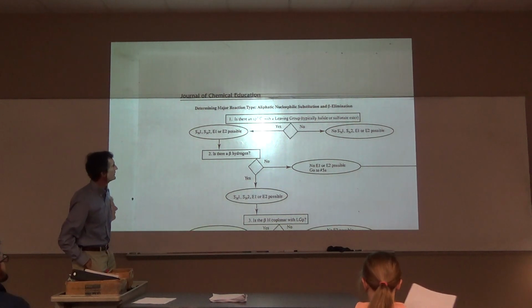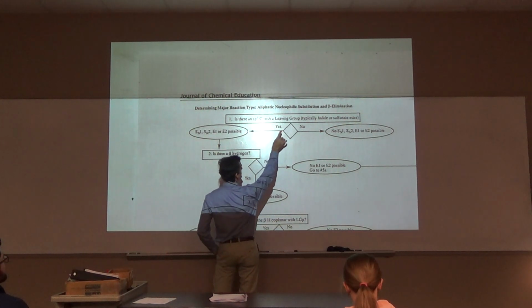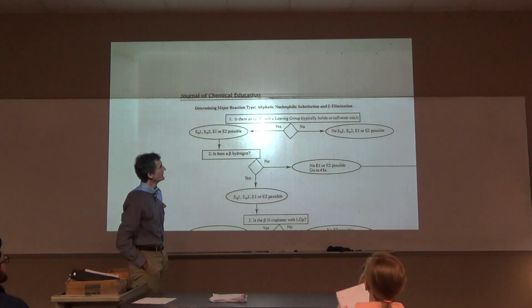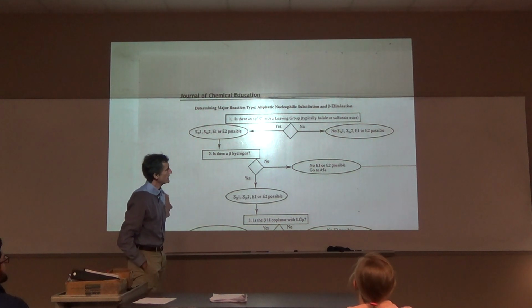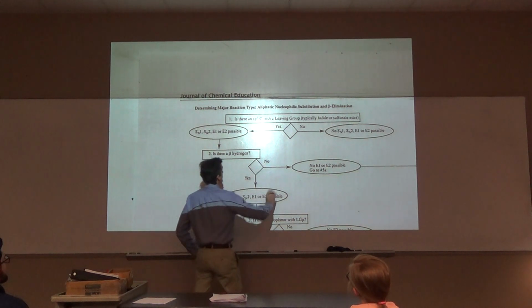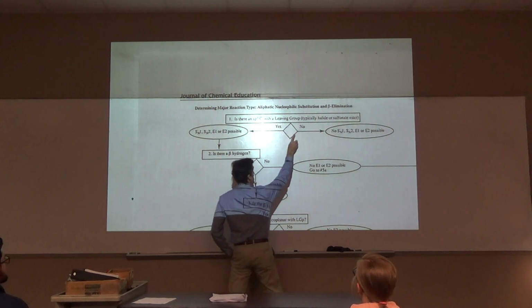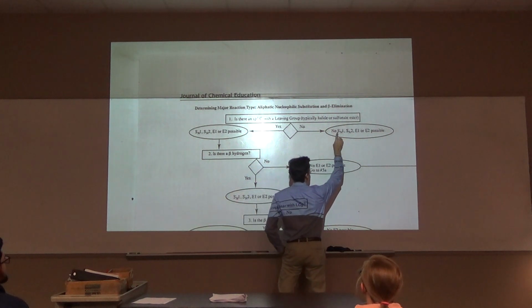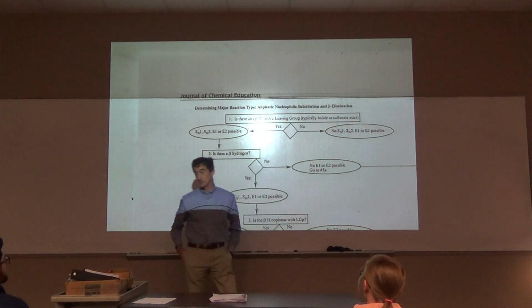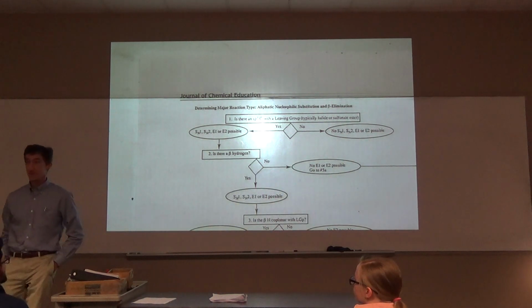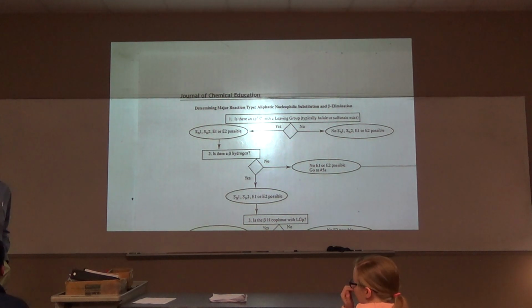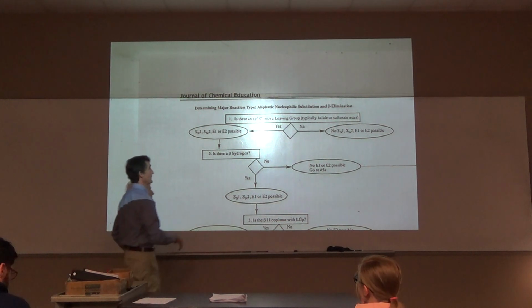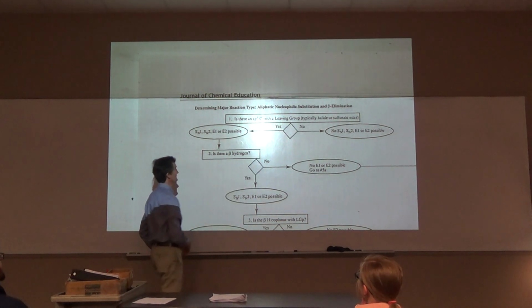Question 1: is there an sp3 carbon with a leaving group, like a halide or a sulfonate ester, which is tosylate? If the answer is no, you're not doing any of these reactions, because all 4, E1, E2, SN1, SN2, require a tetrahedral carbon with a leaving group. If it does have a leaving group, then you can do them.